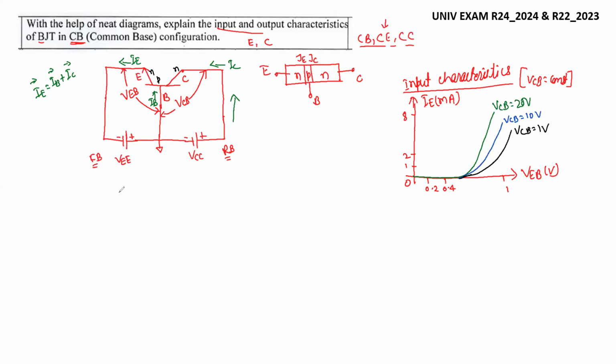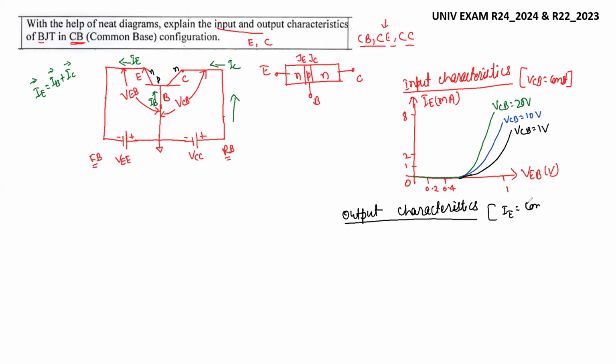Next, we have to see the output characteristics. In case of output, what will be the constant here? For the output characteristics, input current will be constant. So what is the input current here? Emitter current is the input current.